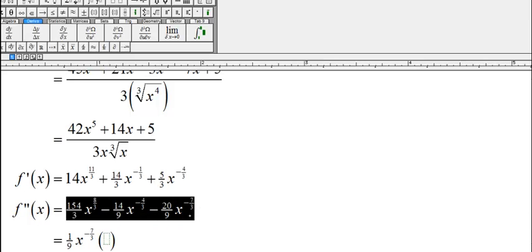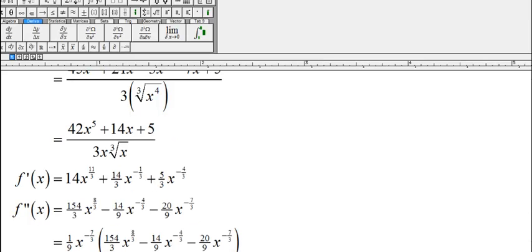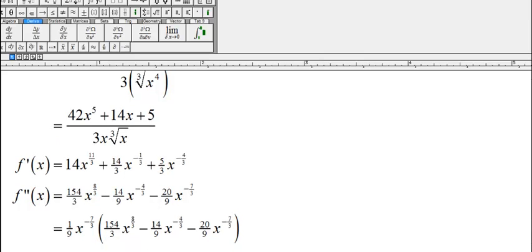Okay, so when I factor this out here, let's see what happens. When I divide everything by 1/9, or multiply by 9, the 3 is going to cancel, and I'm going to get 3 times 154 here.